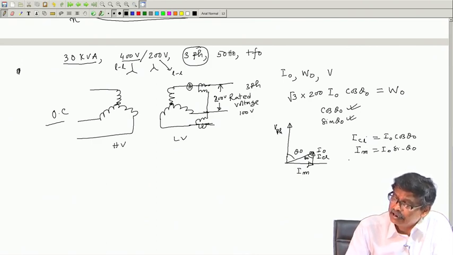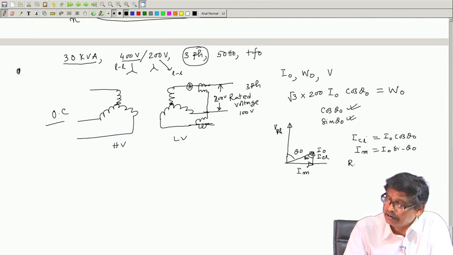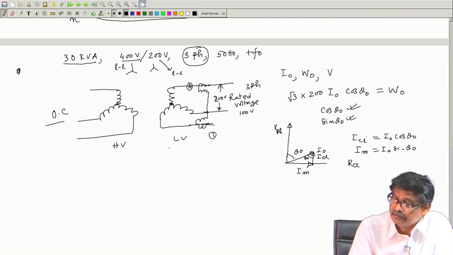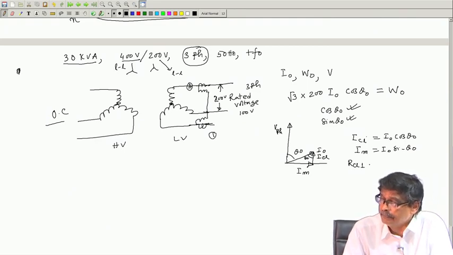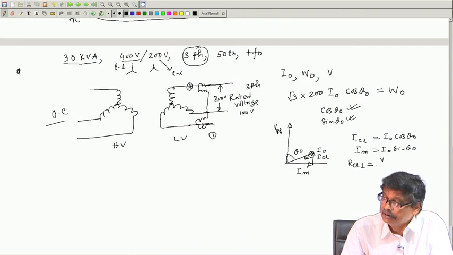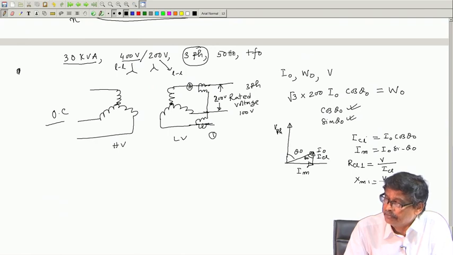Once you do that, you will be able to calculate RCL 1. Suppose you say the LV side is 1. So, RCL 1 will be the applied voltage V divided by ICL, and XM 1 will be equal to V by IM. That is all.